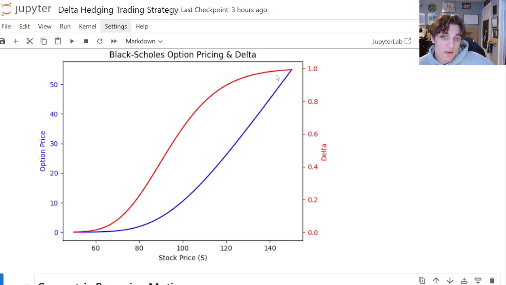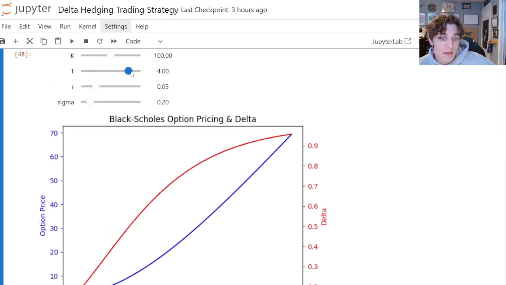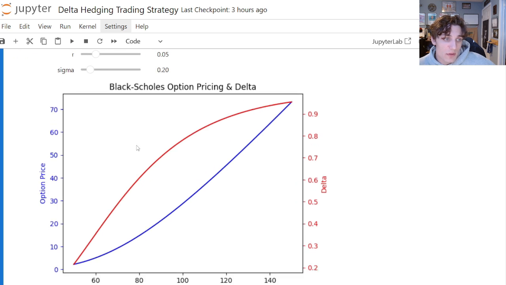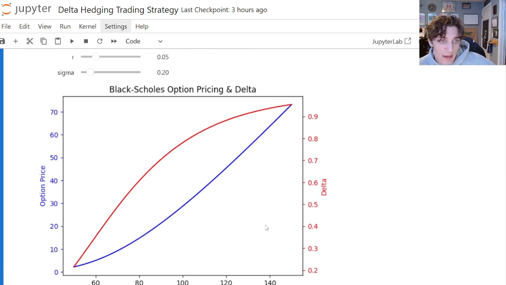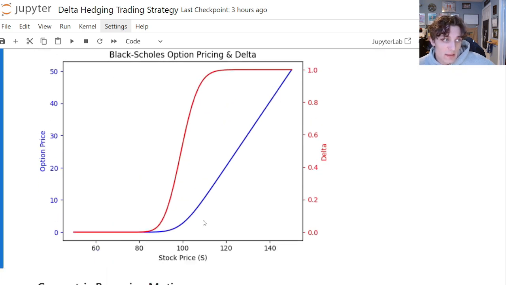So you can read into delta in a variety of different ways, and you can see that as we change some of the parameters, the pricing function for the option along with the delta function changes. As our time to maturity increases, you can see the subsequent change in the option pricing function and the delta function with respect to, of course, the underlying asset price. If we narrow this time window, this starts to look like a classic hockey stick diagram, and we get this almost sigmoid looking function for our delta.